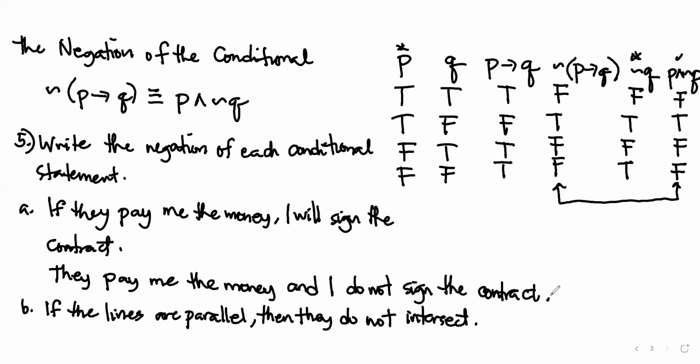Next, if the lines are parallel, then they do not intersect. When we write again in this form, P and not Q, we will write our antecedent: the lines are parallel.